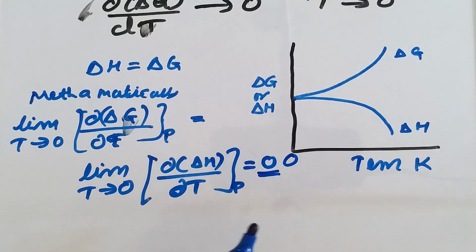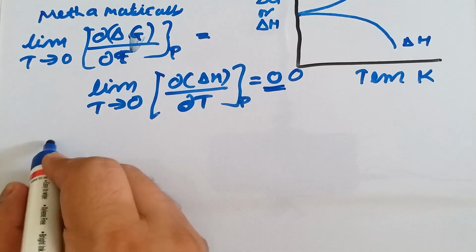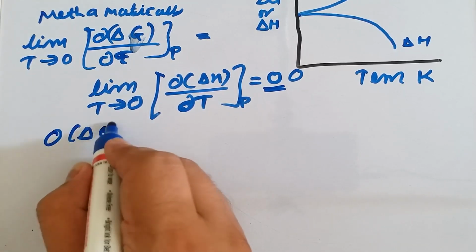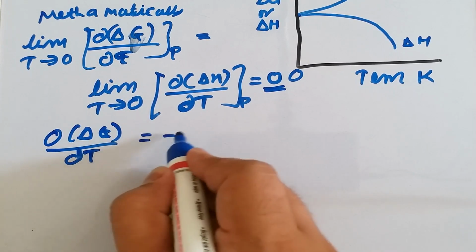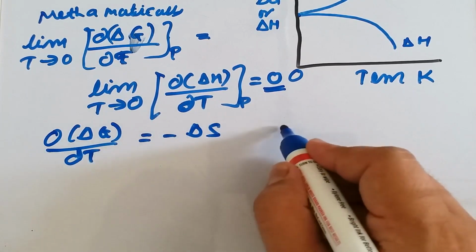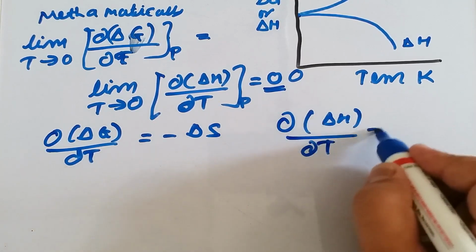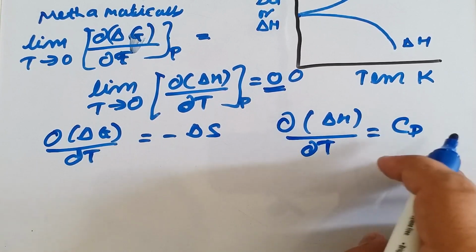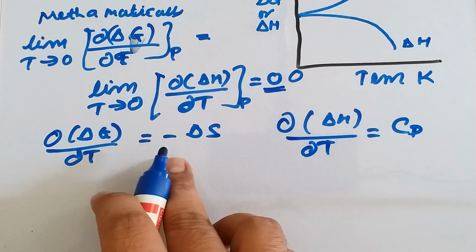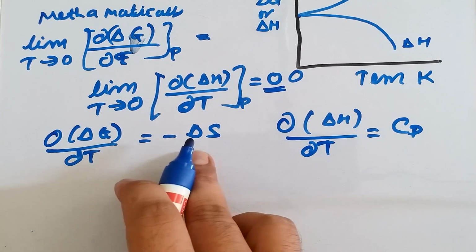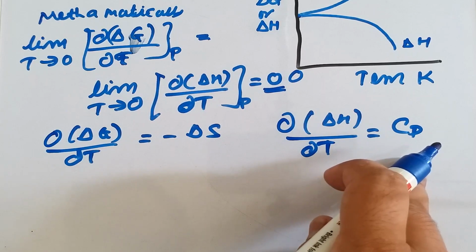And again, we know from the second law of thermodynamics that d delta G by dT is equal to minus delta S, and similarly d delta H by dT is Cp. This is our Kirchhoff's equation, where delta S is the change in the entropy of the system and Cp is the heat capacity at constant pressure.